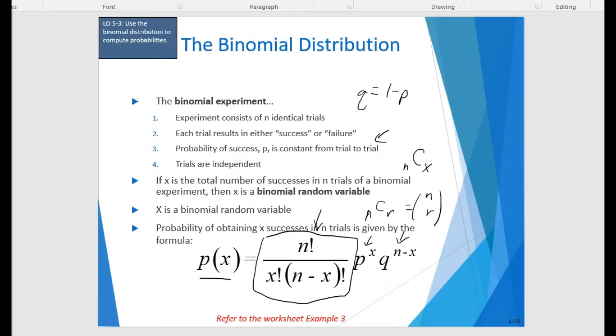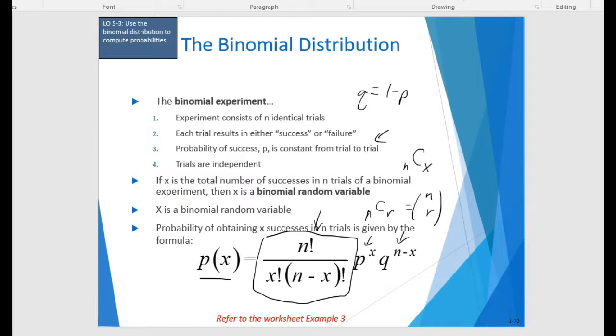So this whole formula shakes out to the probability of the number of successes. We would assume that all these successes are independent. So say you wanted 2 successes, it would be p times p, or p squared, and then the number of failures. Say you have 10 total trials, so you'd have 2 successes and 8 failures.